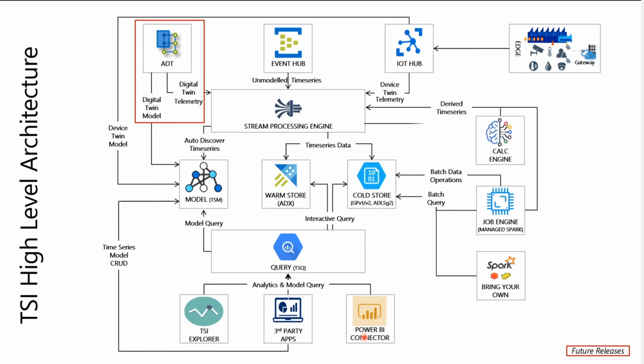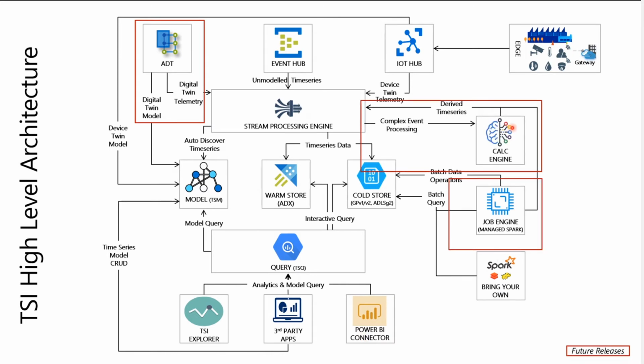Then we have things that we are working on, for example, the Calc Engine and Job Engine. Job Engine helps us do batch operations, essentially loading historical data, bringing it from the lake and making it useful within the context of TSI, as well as, in future, helping with batch querying, because right now it is interactive.